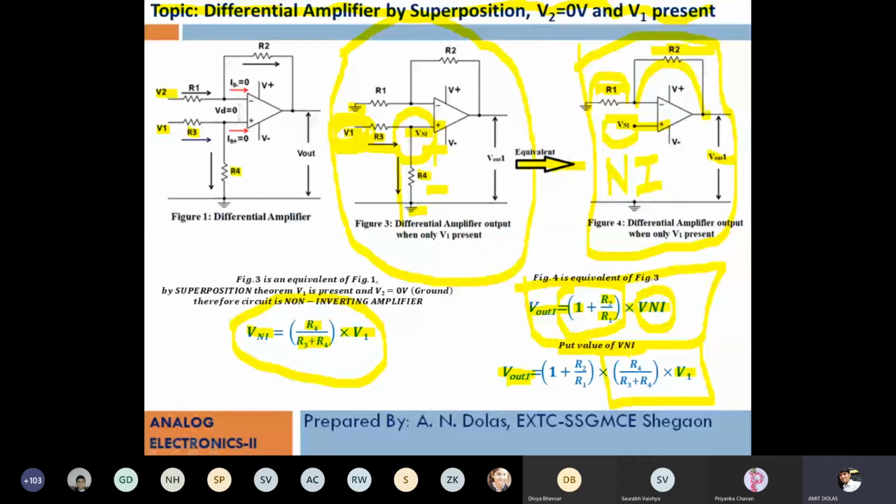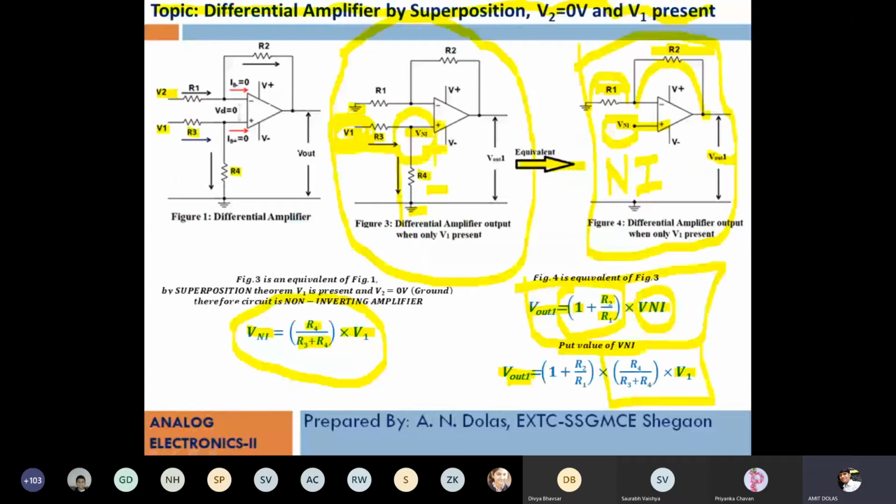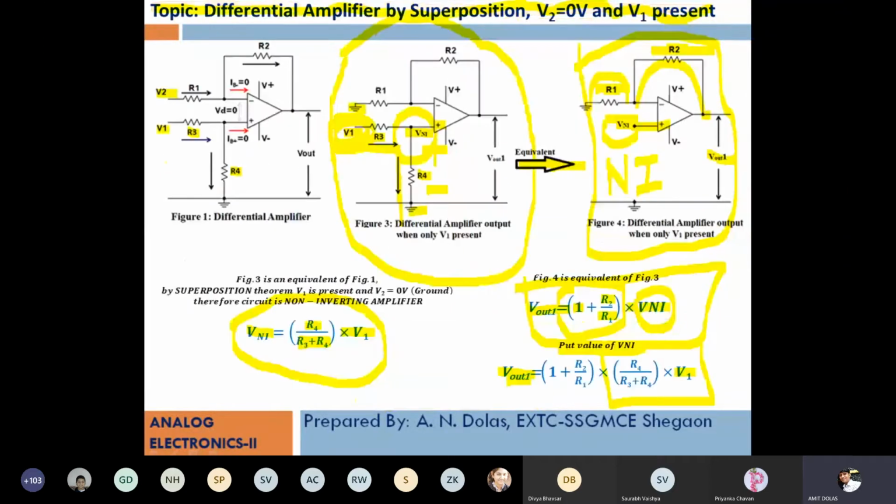So this is the final formula when source V1 is present, connected to the non-inverting terminal, and source V2 is grounded. Using the superposition theorem, here we calculated the effect of V2, which will be Vout2, and here we calculated the effect of V1, which is referred to as Vout1.